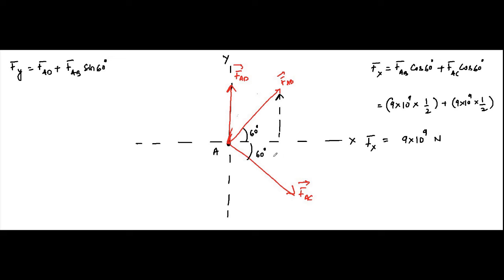And we have another vertical component of FAC, which is along the negative y axis, that will be minus FAC sin 60 degree.